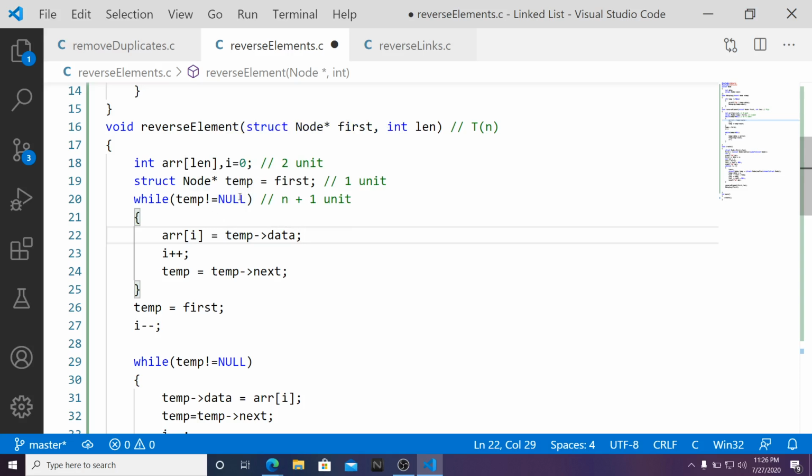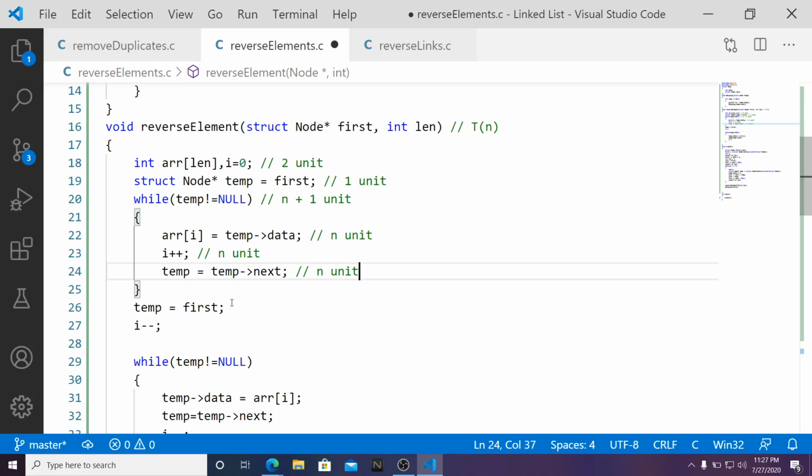So this is equal to n units of time. i plus plus will be taking n units. temp equal to temp of next will be taking n units, because each and every line in the body part will be executed for n times.